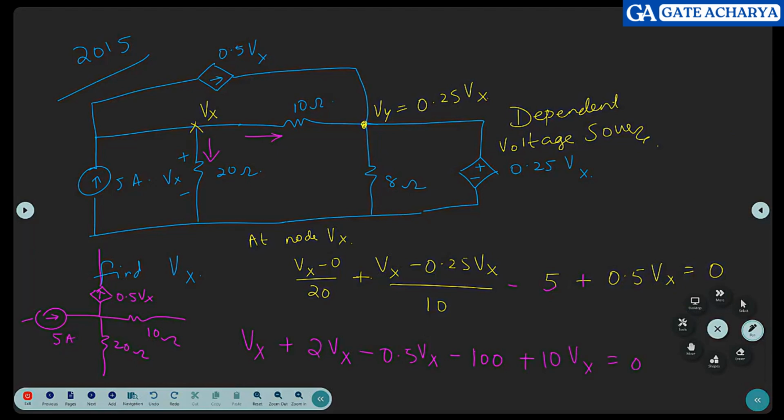So this is the equation. I just multiplied the whole equation by 20 so that there are no denominators. Final answer is 8 volts.